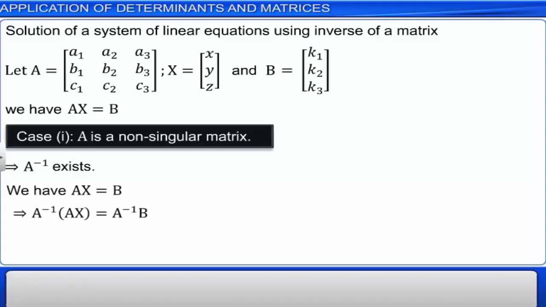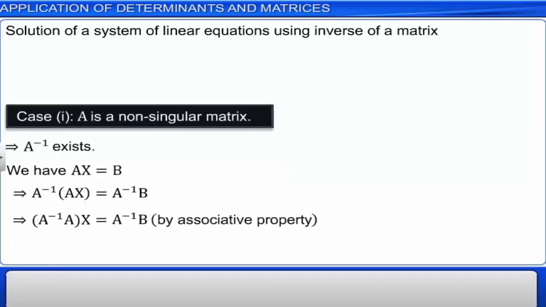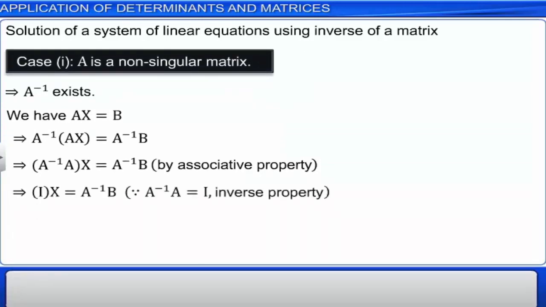On simplifying, we get X = A inverse B. This matrix equation provides a unique solution for the given system of equations, as the inverse of a matrix is unique. Such a method of solving a system of linear equations is known as the matrix method.